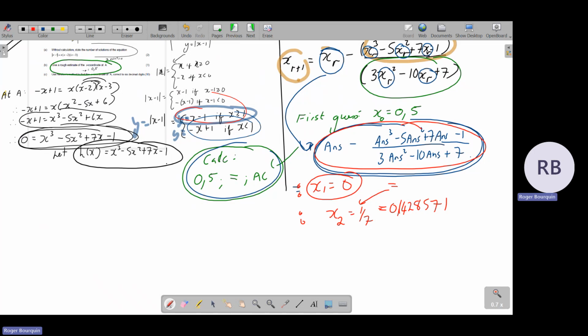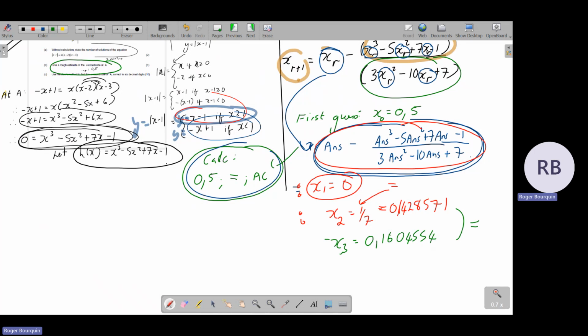If you press equals again on your calculator, x1 was 0, x2 was 0.1428571, and then x3 you should get equal to 0.1604554.